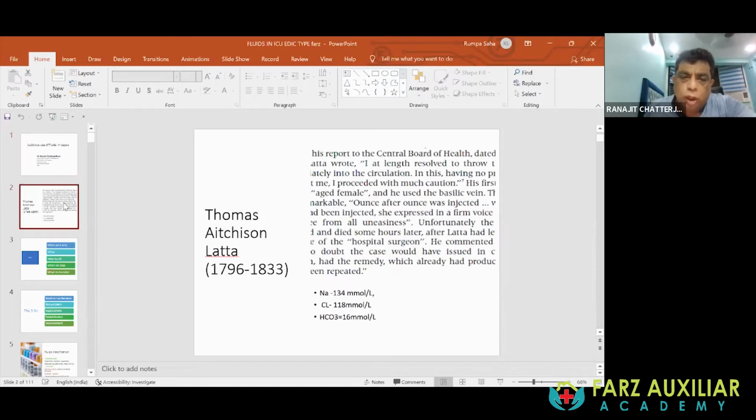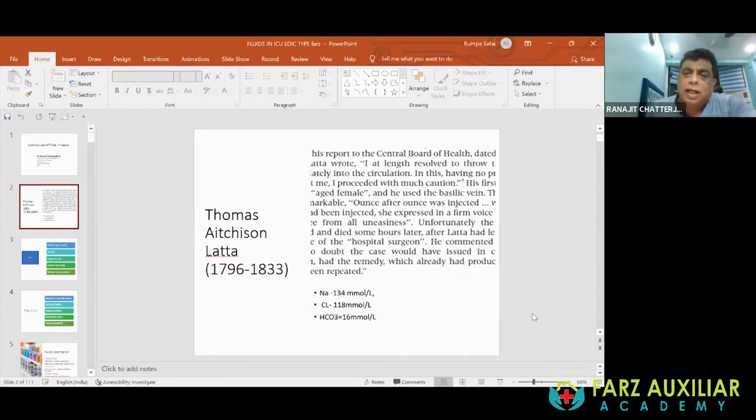this man was Thomas Atkinson Latta, who basically gave the first intravenous fluid to a patient of cholera in 1832. That aged female slowly improved, and by the evening, when she had improved, Thomas Atkinson Latta went home satisfied, leaving the patient.